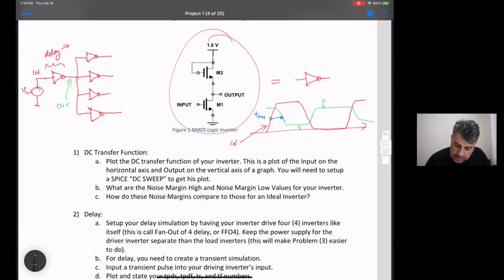This from this 50% point to this 50% point is called T propagation delay rising. From the 90% point to the 10% point of this green guy, that is called fall time. And the 10% to 90% of the green guy when rising is called the rise time.